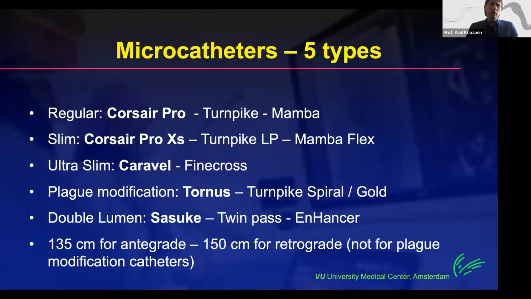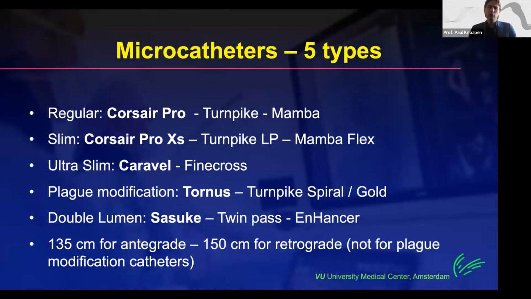Then every CTO starts with a microcatheter. And basically we have 5 types of microcatheter, which I think should all be in the toolbox. It's a regular one, which in my practice is a Corsair Pro, which is a 2.7 French microcatheter. Alternatives would be Turnpike or Mamba or any other type of vendor, but this is basically for an antegrade approach.